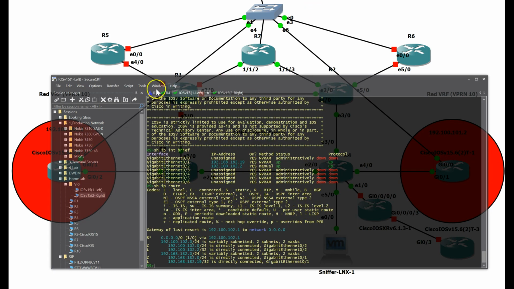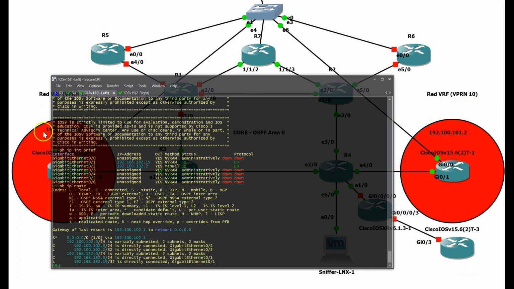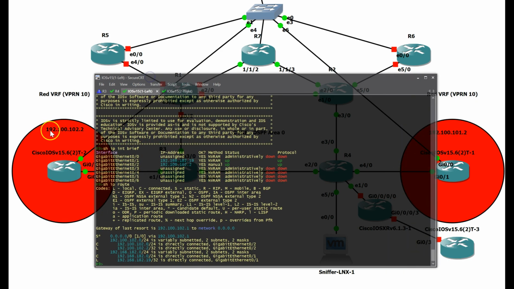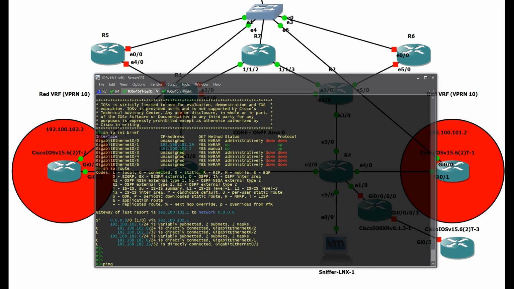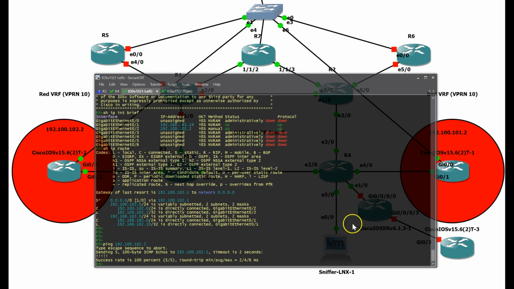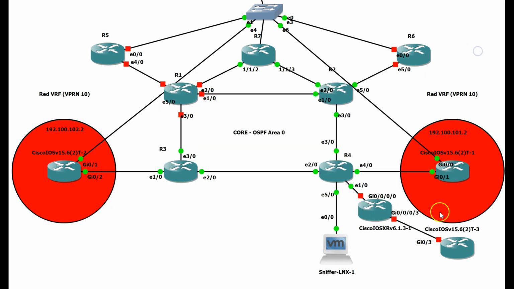So to ping across to 100.102.2 from 100.101.2, which is kind of emulating an off-site or remote location. That's successful. So this site's traversing the MPLS cloud and getting to the far end location, off-site place, wherever that may be, for the red VRF.